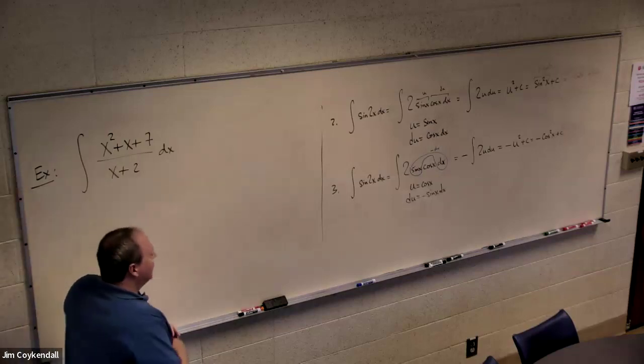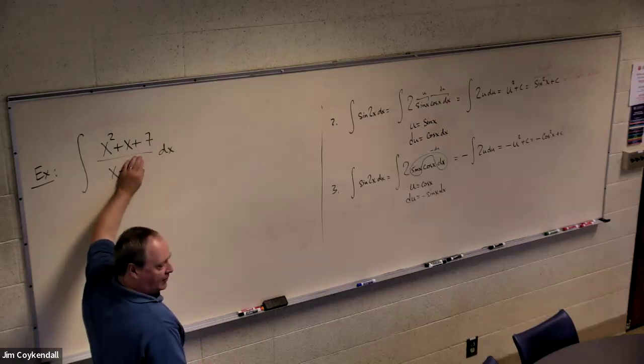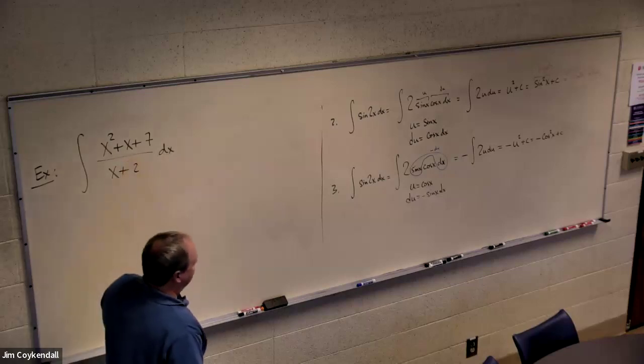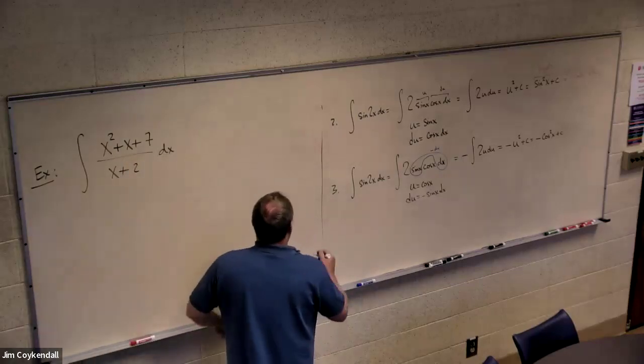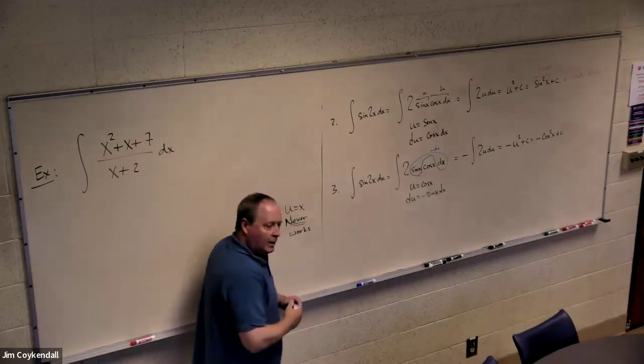Would this be better? Can somebody explain to me why this problem is better if that stupid plus 2 wasn't there? Why is this an easier problem? Word of warning. The substitution u equals x never works. Somebody explain why.